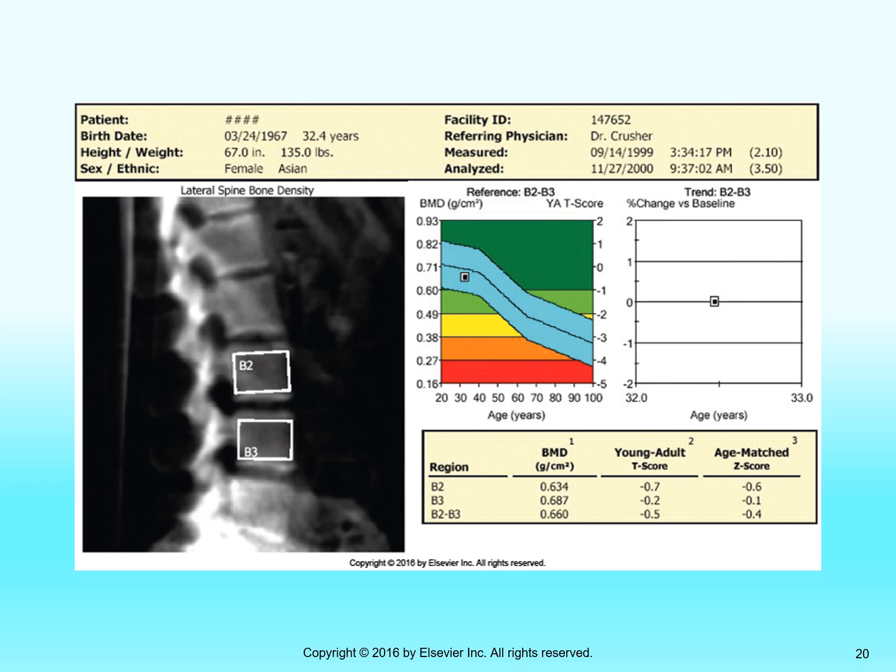So the black line in the middle of the blue is exactly average. And then 50% of the people are above average and 50% of the people are below average. Looks like this person is within the norm, but is slightly below average for their age. Okay? They are only 32.4 years old.